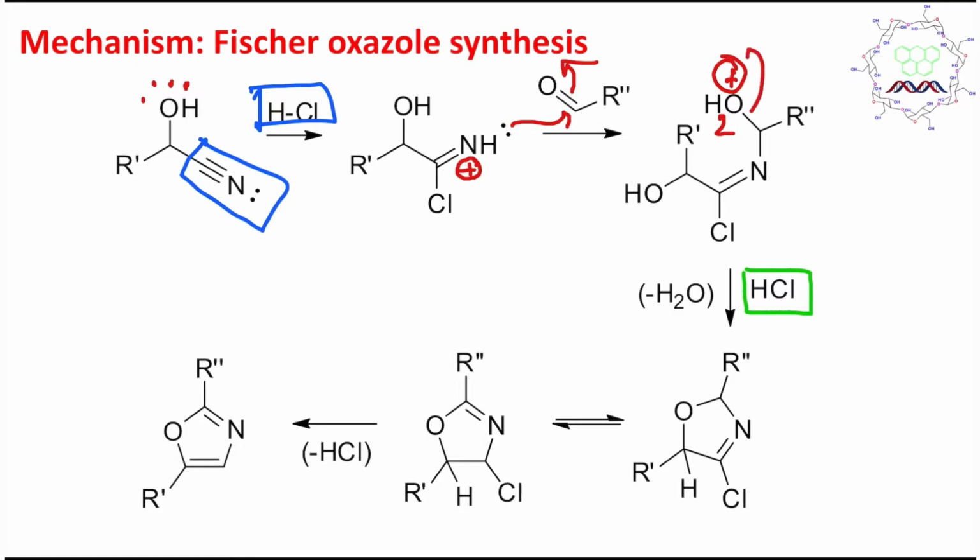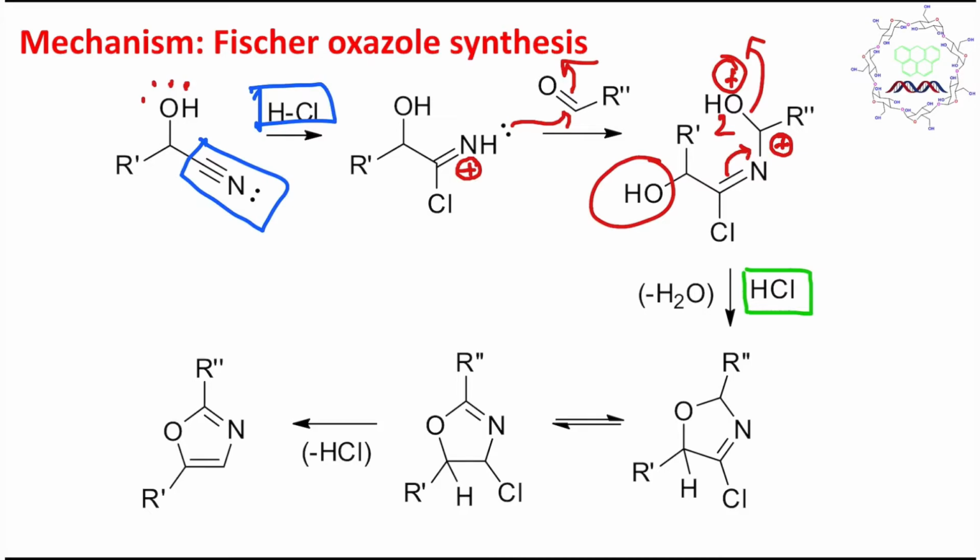Because when it leaves, it will produce a carbocation, and that is relatively more stabilized because of this double bond here. So you can say, sir, this can do the same. It's true, it can do the same, but then the positive charge will come on this nitrogen, which is relatively less favored because nitrogen is a more electronegative atom compared to carbon. So a positive charge on a more electronegative atom is not that logical.